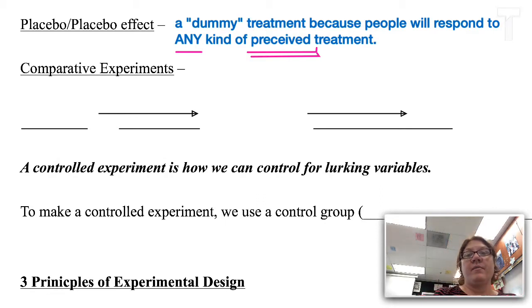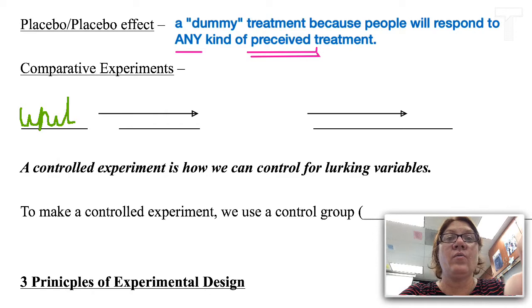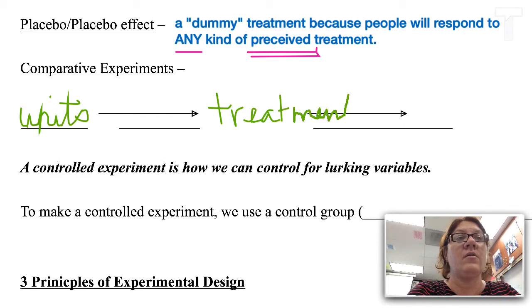So I want to make sure that in my experiment I'm doing a comparison. In my comparative experiments, I start with my units. Those are the WHO. And then I put them into treatment groups. So they get treatment, either real or dummy, aka a placebo.